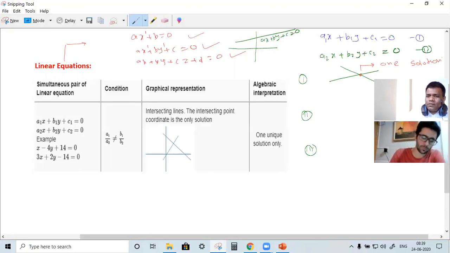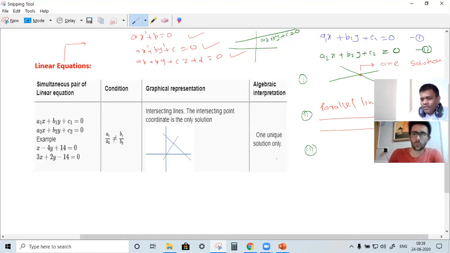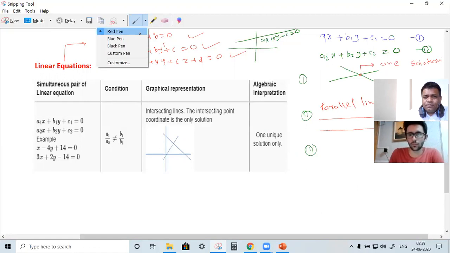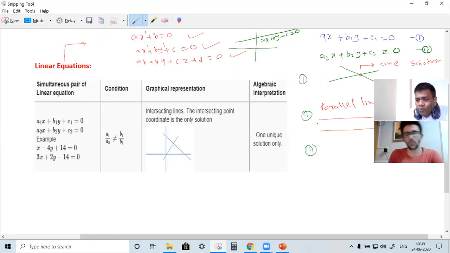In the other case, parallel lines. You see parallel lines like this. Parallel lines never cut. So how many common points? No common point. In other words, this pair of lines has no solution.